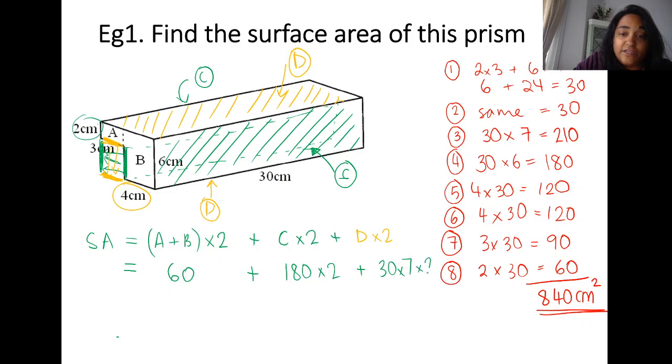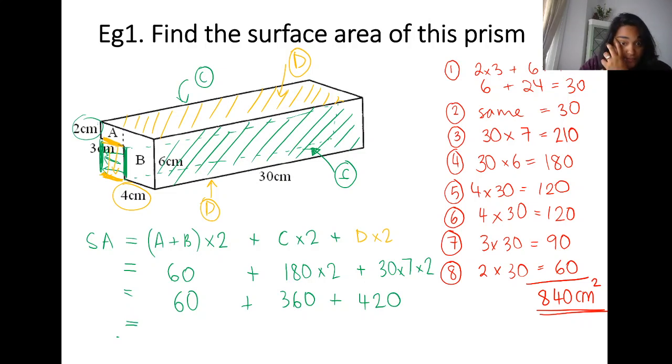And then we also have to times that by 2. So we get here 60 plus 360 plus 210 times 2, 420. And what does that give me in total? 60 plus 360 is 420, plus 420, 840 centimetres squared.